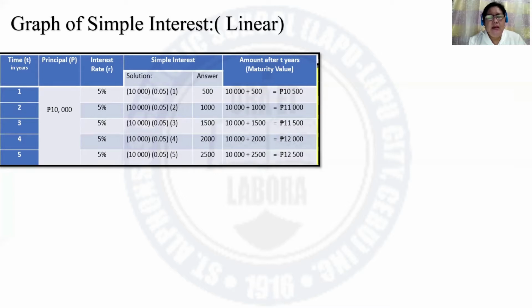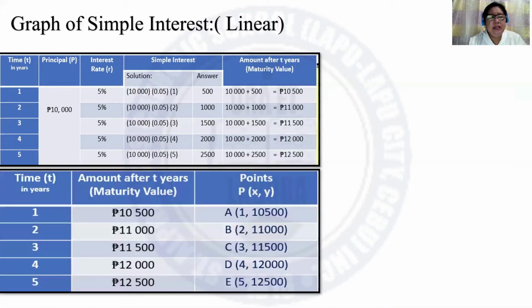On the third year, we have 11,500. On the fourth year, we have 12,000. And on the fifth year, the maturity value is 12,500 pesos.